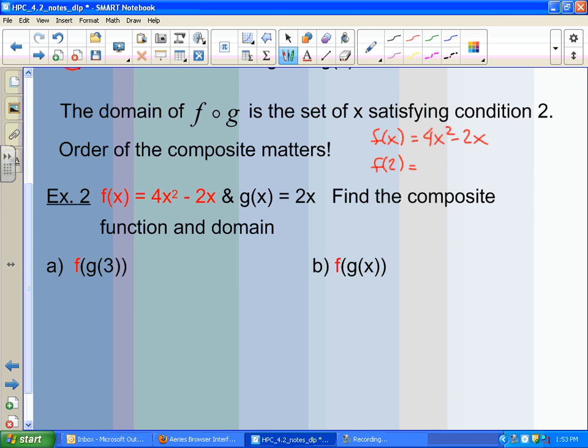What would you do with that? You'd plug a 2 in for x. Exactly. You plug a 2 in for x, and you have f of 2 squared, 2 times 2. So we get 2 squared 4, 4 times 4, 16 minus 4, or 12. So f of 2 is equal to 12.